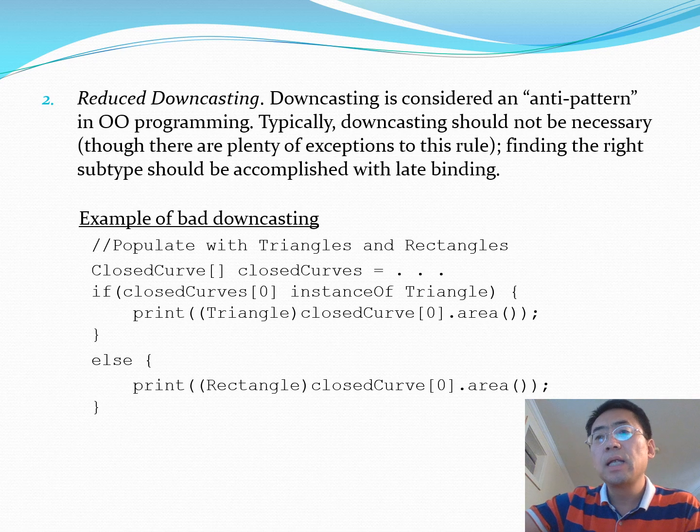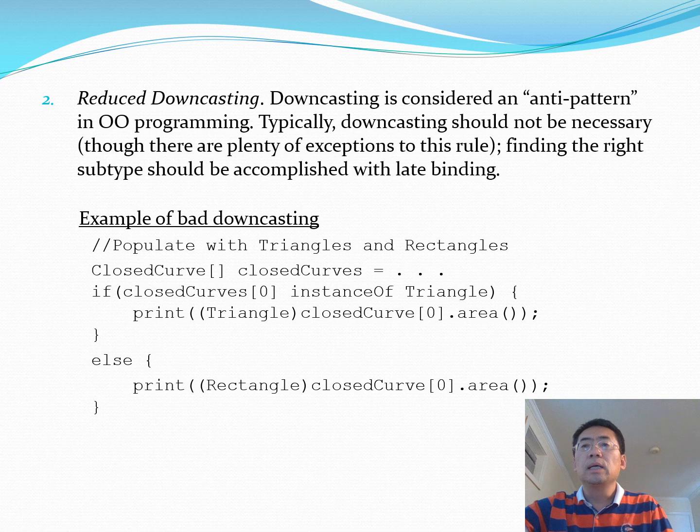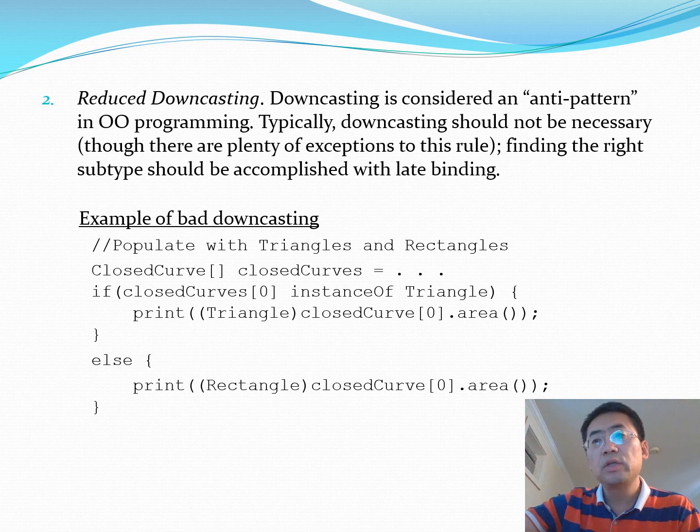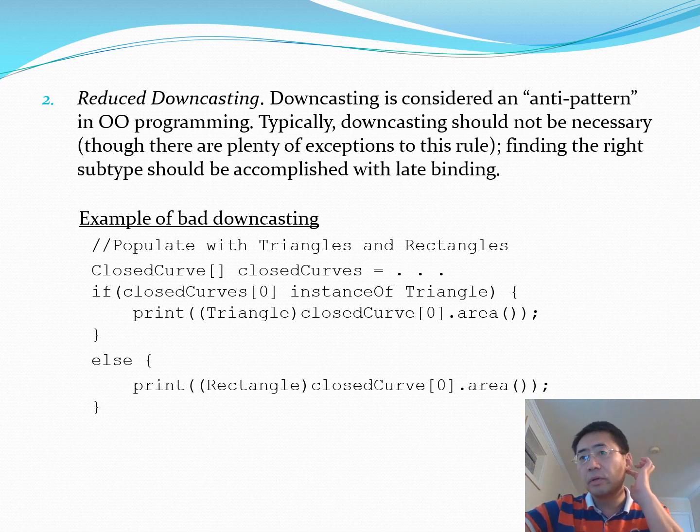Now, by the way, another thing, just take a look at this example. Suppose we have the superclass ClosedCurve, and then we have concrete subtypes like Triangle and Rectangle. When you store triangles and rectangles into an array of ClosedCurve, we don't have to tell the compiler or the runtime what exact type each element has.